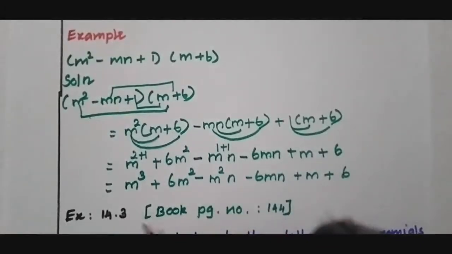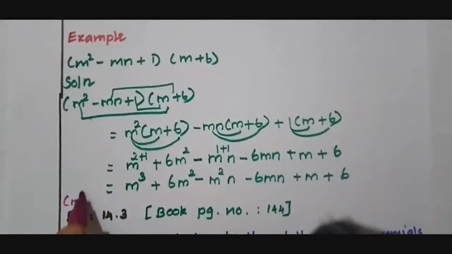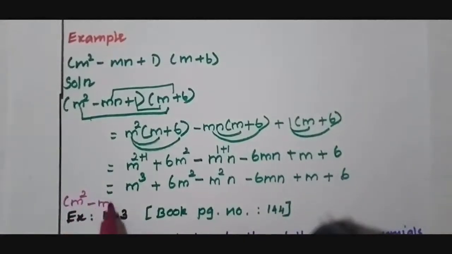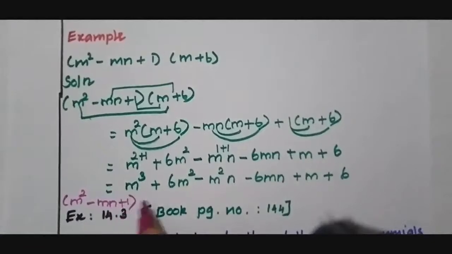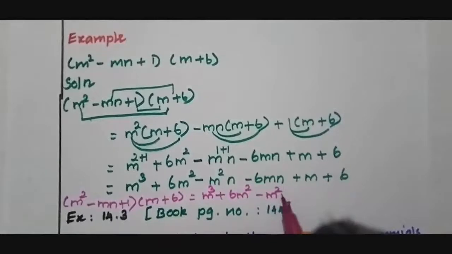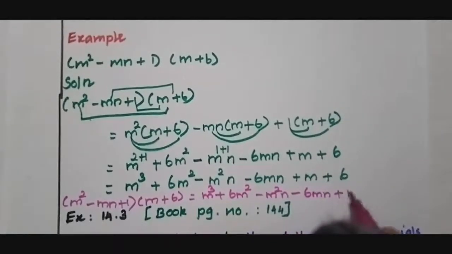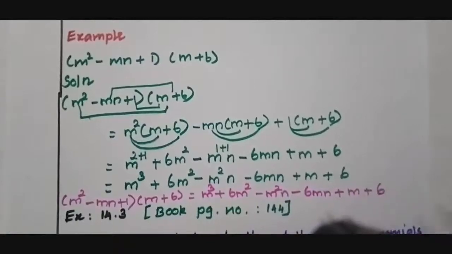We cannot simplify this further. So your answer is m square minus mn plus 1 into m plus 6 is equal to m cube plus 6m square minus m square n minus 6mn plus m plus 6.